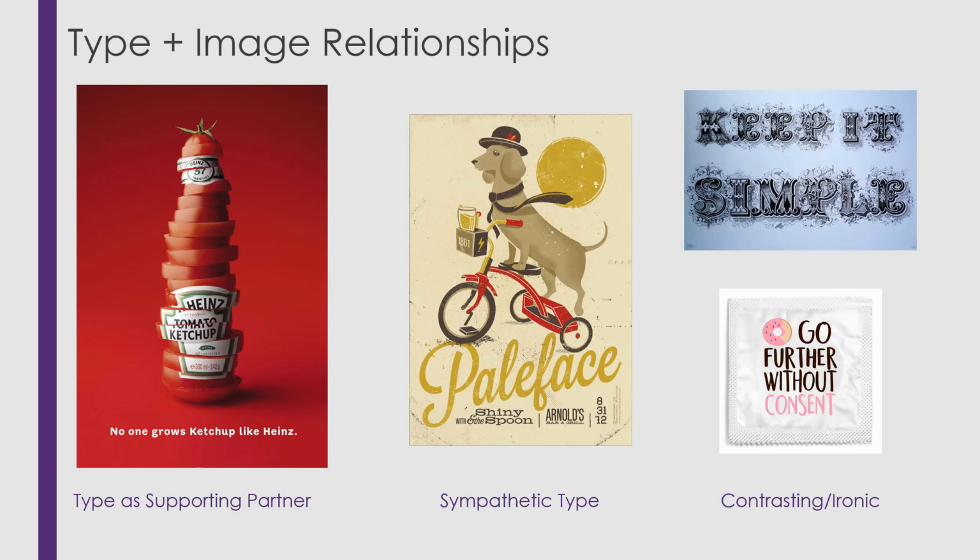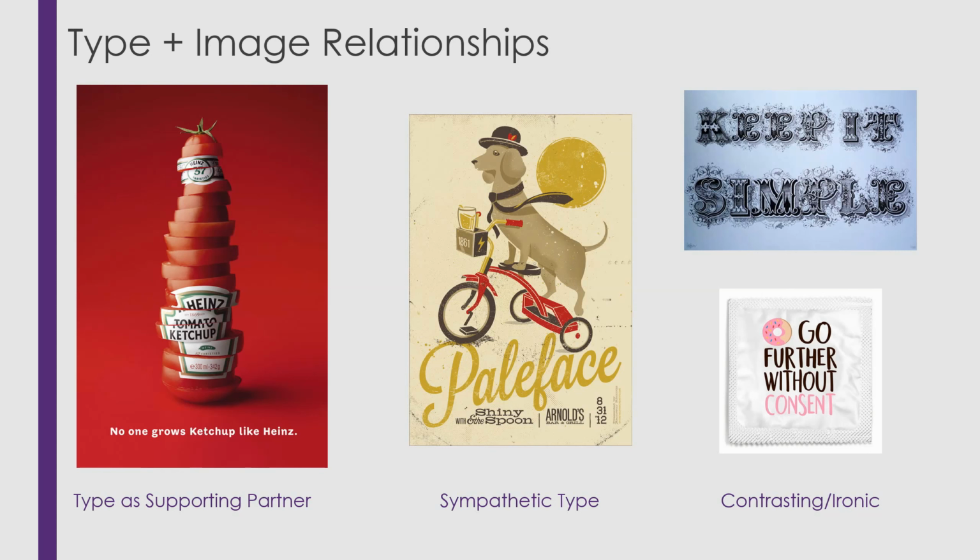It's weird, it's intriguing, it's the focal point of this ad. Because this ad is all about the picture, the text is small, it's at the bottom of the page, it's easy to read, but it's not detracting from the visual. This is an image-driven composition, and type is acting as a supporting partner to the image. It's giving context to the visual.